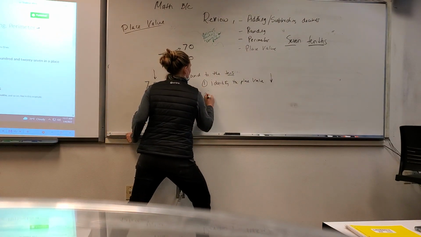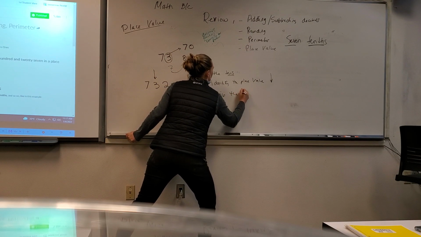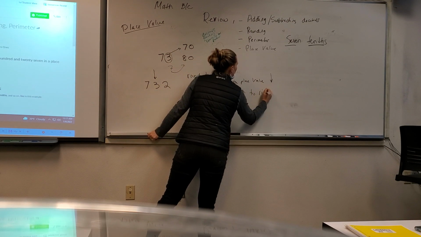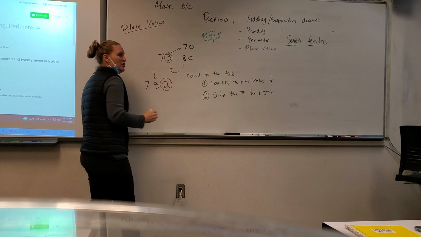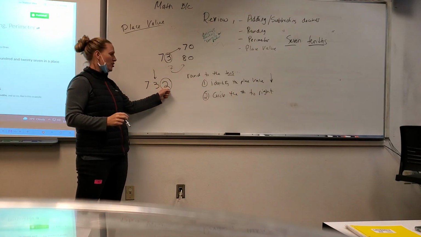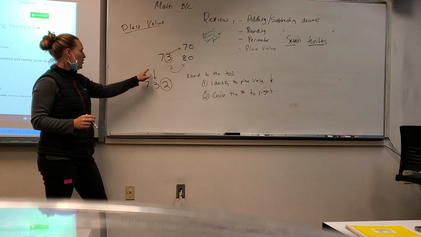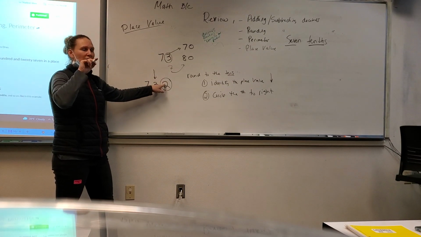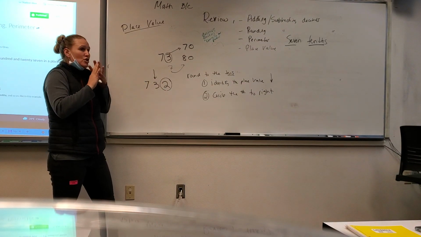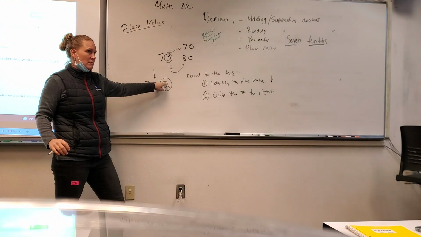Step 2 is circle the number immediately to the right. I'm going to circle the 2 because this number tells me what to do. Then I make a 0, because once I do whatever I'm going to do, this is going to become a 0.